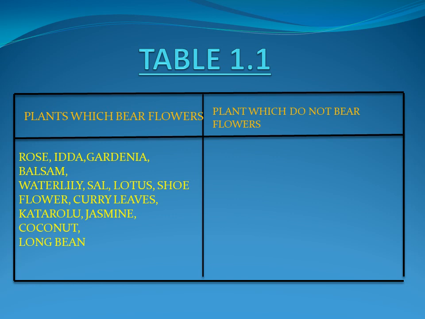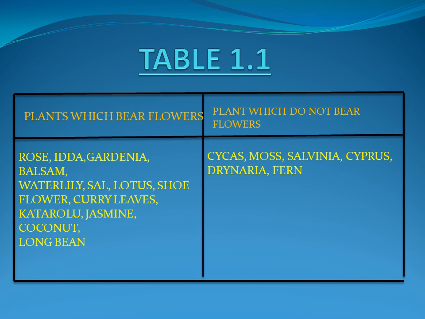I think rose is a nice flower, and I have told you those things in the previous one. And the second one, plants which do not bear flowers, are cycas, moss, salvinia, cypress, dineria and fern.